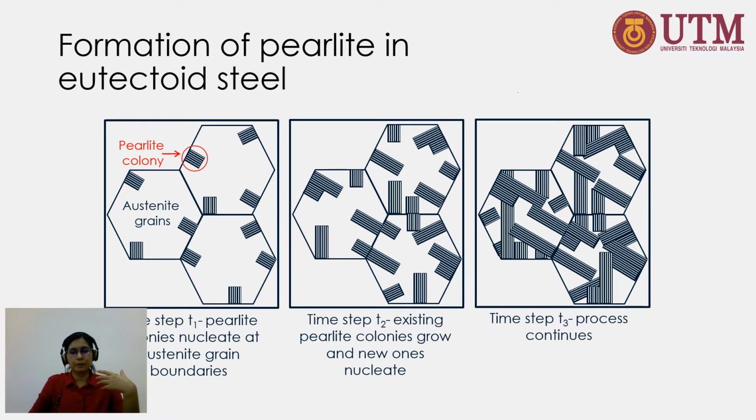Here in this third diagram, at time step 3, you can see a lot more pearlite starts to transform from austenite, and until it reaches that line in the TTT diagram where the transformation ends, you would expect all of this austenite will transform into pearlite.